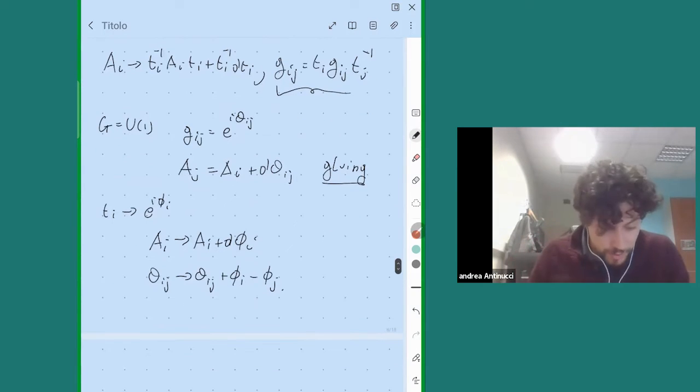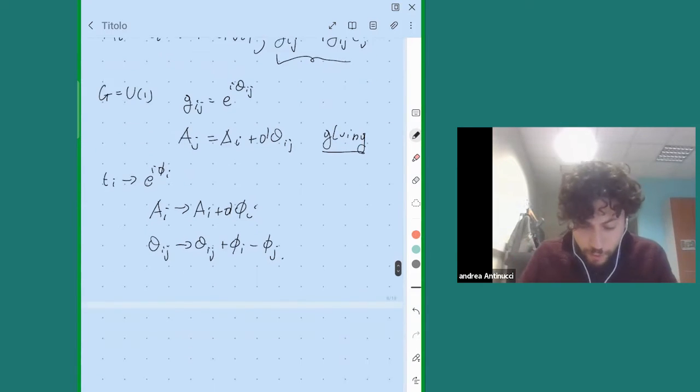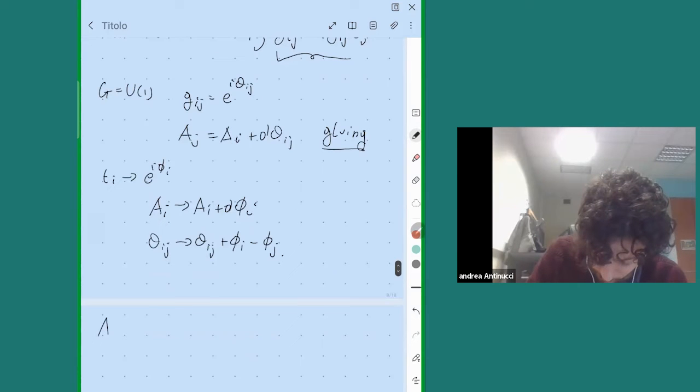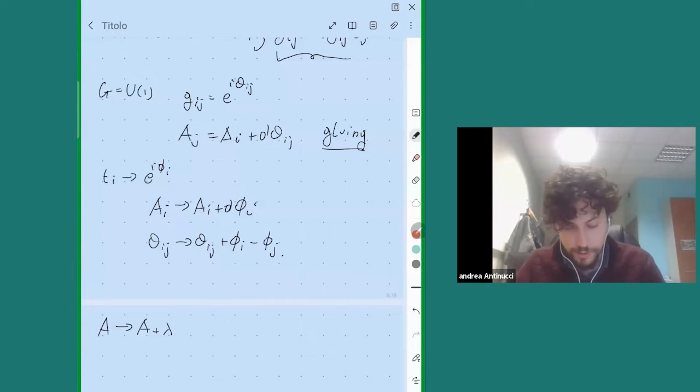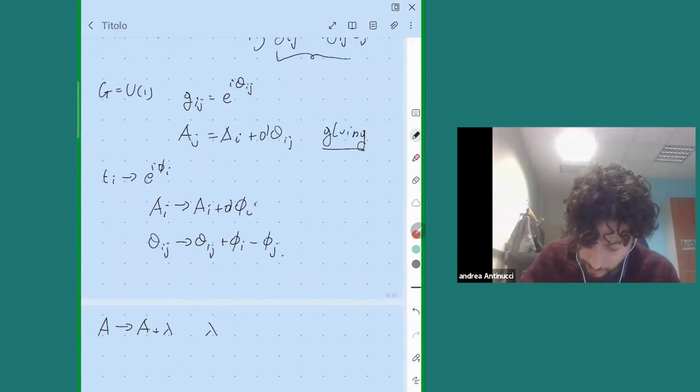Now let me go to the higher form symmetries. Before, I told you that the higher form symmetry is a transformation of this kind, A going to A plus lambda, where lambda is closed. It's closed but not exact, but as you know very well, any closed form is locally exact.